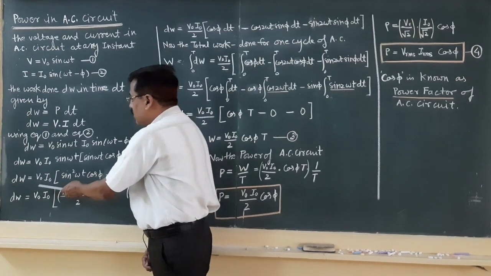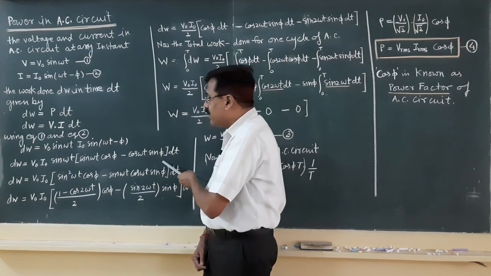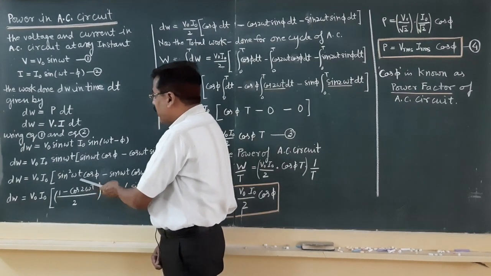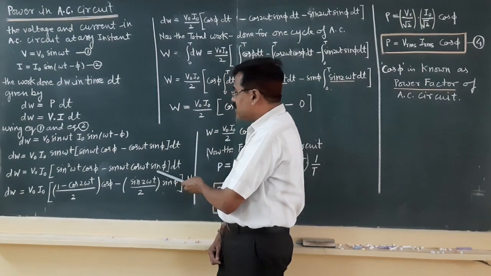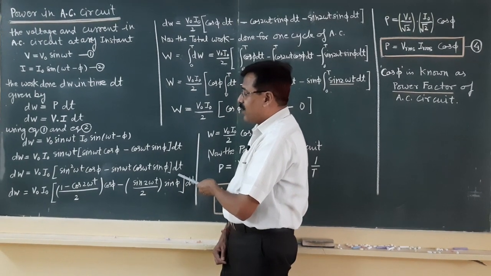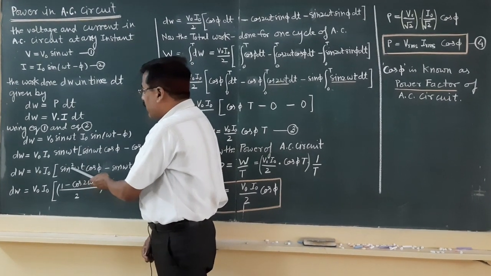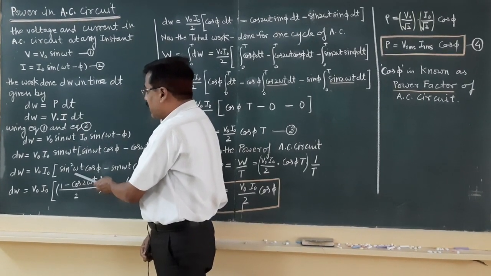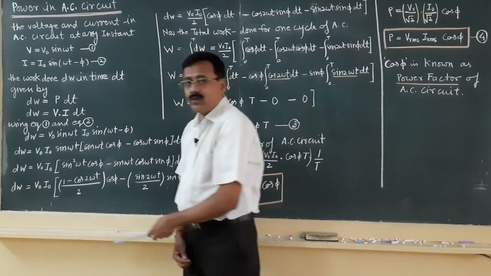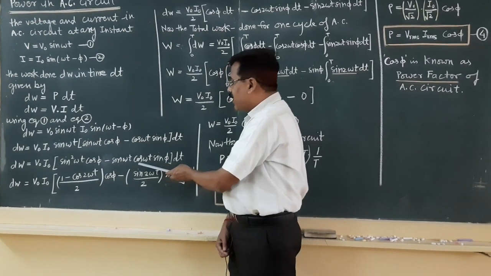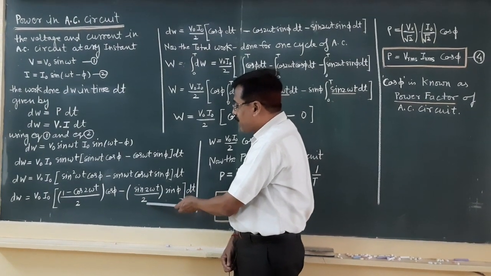So, dW = V0 I0, and keeping sin ωt inside, it will be (sin²ωt cos φ − sin ωt cos ωt sin φ) dt. Now, using trigonometric relations, sin²ωt can be written as (1 − cos 2ωt)/2, and sin ωt cos ωt can be written as sin 2ωt/2.